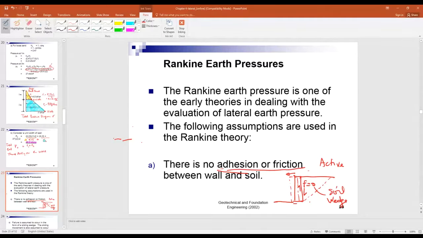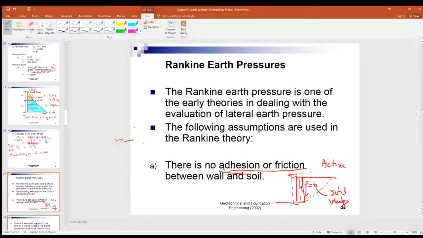Of course, that is a very oversimplified assumption. In reality, we do have friction or adhesion between the soil and the wall. So that is the limitation of this theory. It's not true in real application.